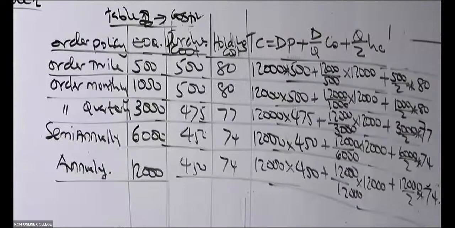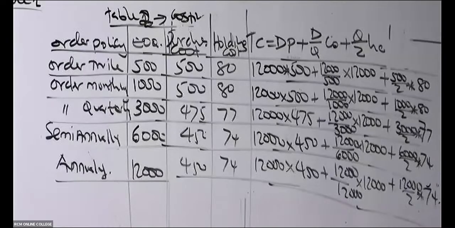So please move slowly. Give me this total cost pretty fast. 12,000 times 500 plus 12,000 over 500 times 12,000 plus 500 over 2.